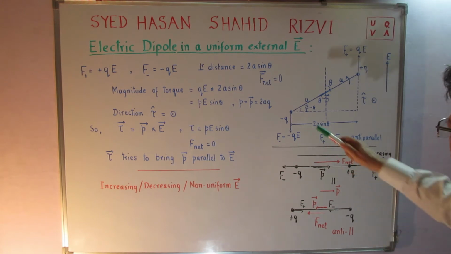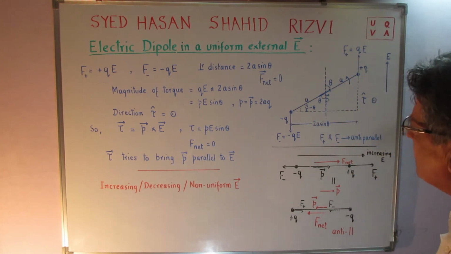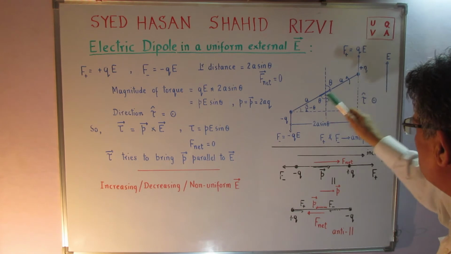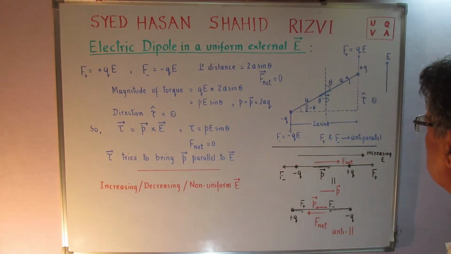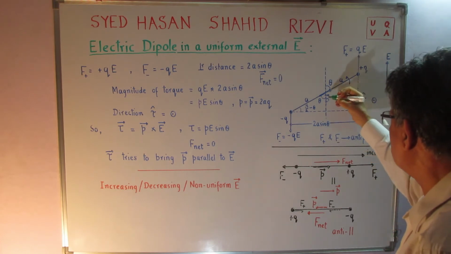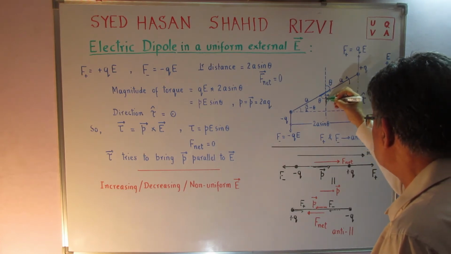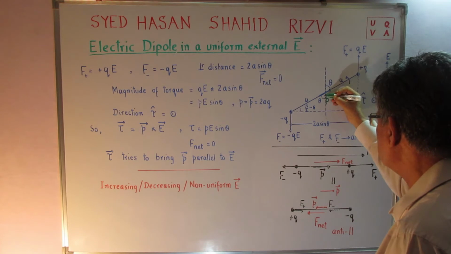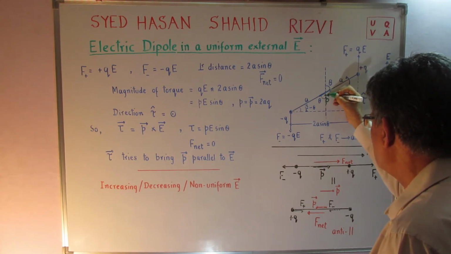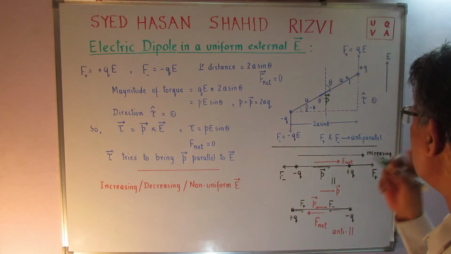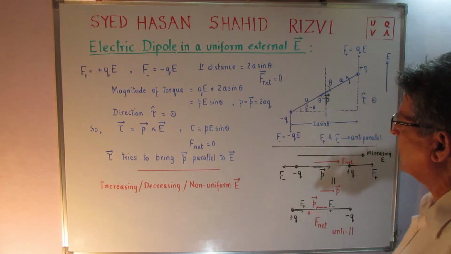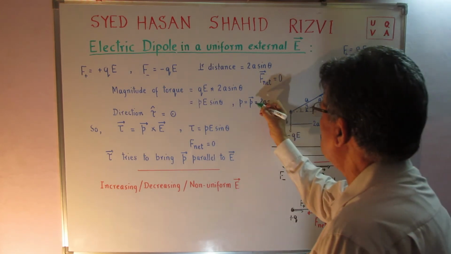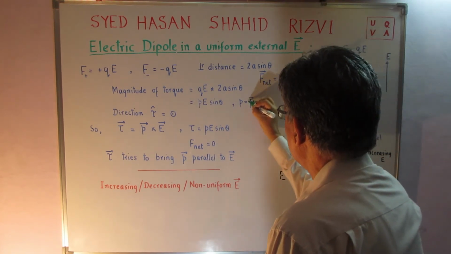Look here, this is my dipole, minus q and plus q separated by 2a, and this line shows the dipole moment vector P, whose magnitude turns out to be equal to 2a into q, right?